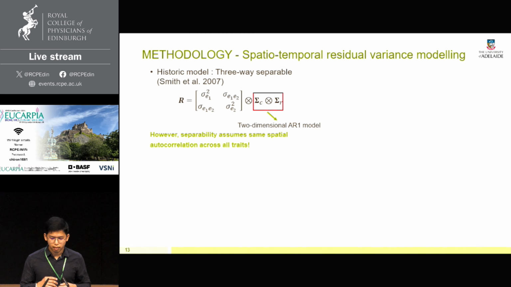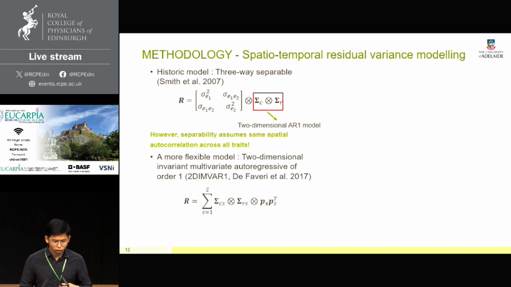However, this separability assumption also means that the same spatial autocorrelation is assumed across the two traits, which often does not make sense biologically.